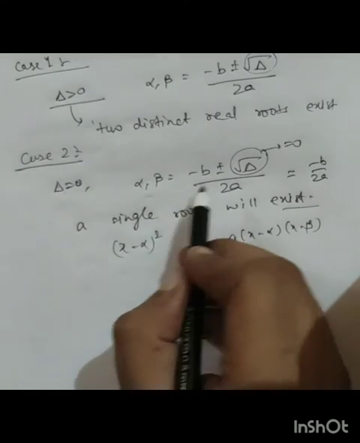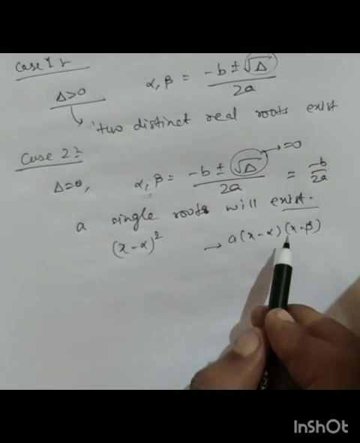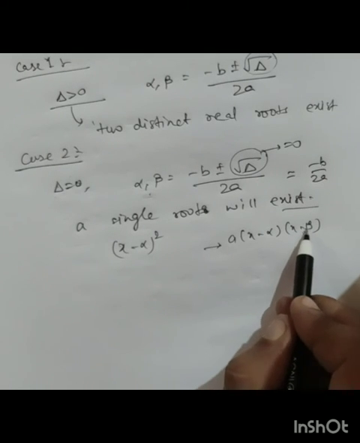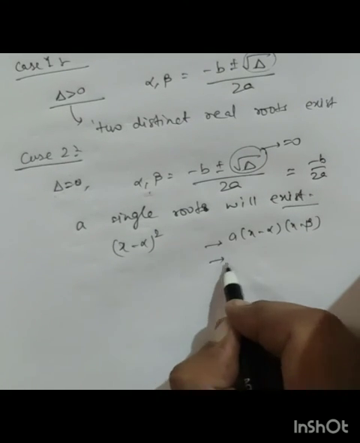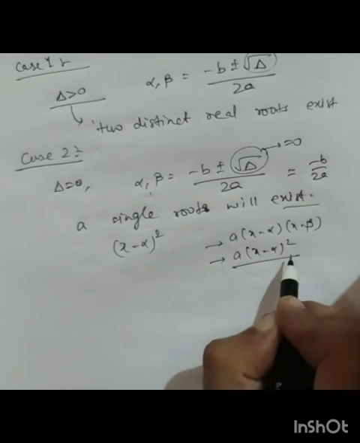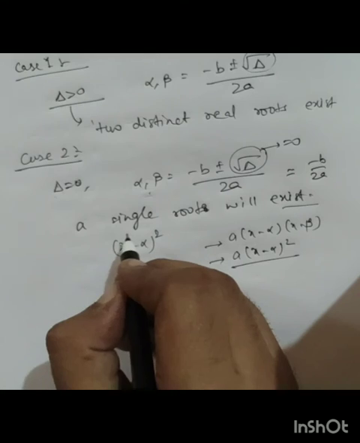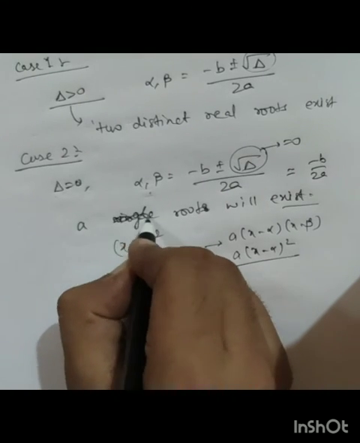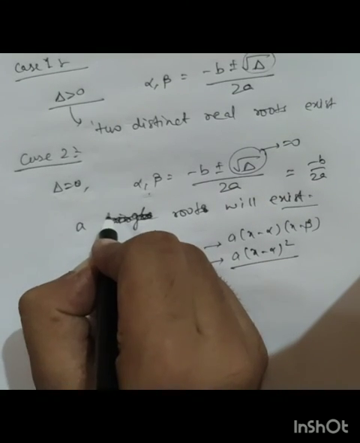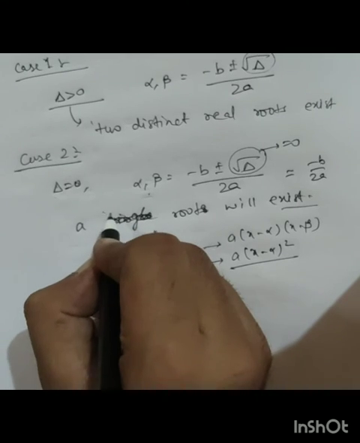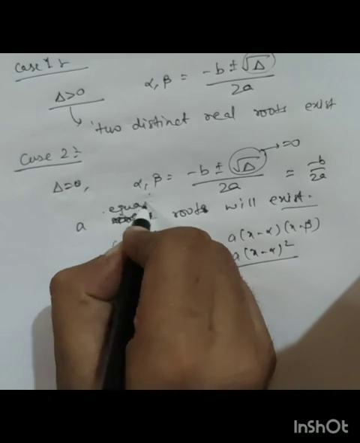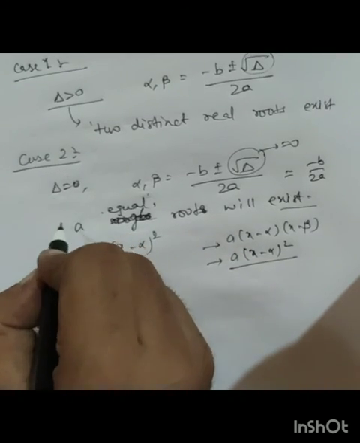But as it is clear that alpha and beta both are equal to minus b by 2a, we can substitute alpha equals beta and we get the equation a times (x minus alpha) squared. This means that a repeated root will exist. Saying a single root is not correct, but two equal roots will exist.